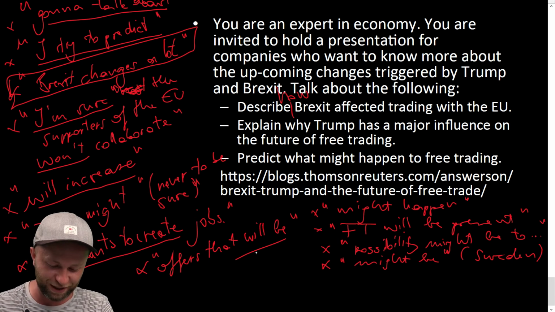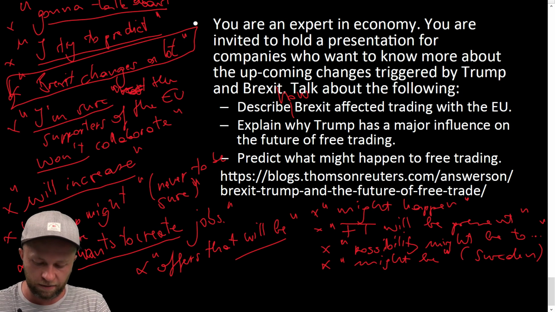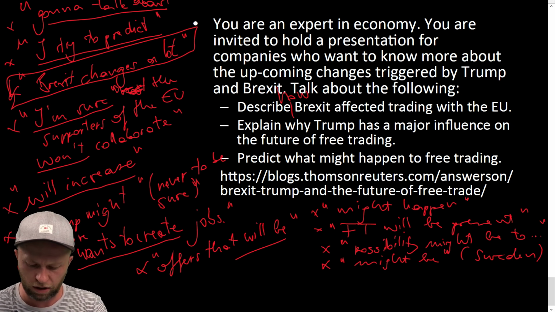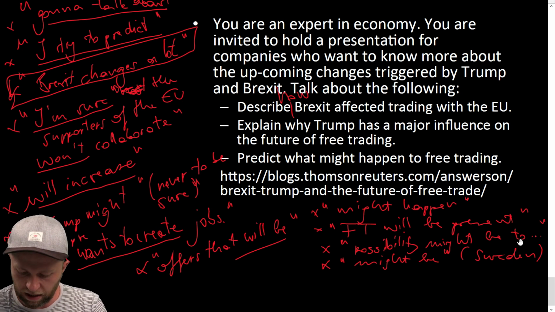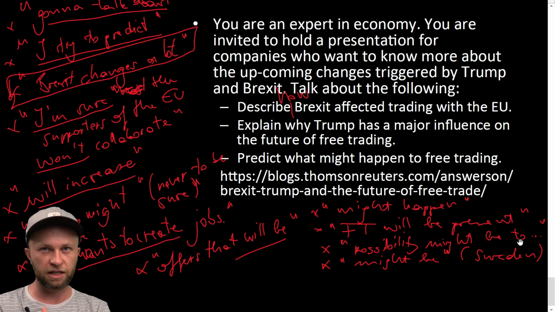For example, offers that will be made, or what might happen. Free trade will be present in the future, or the possibility might be, for example, that Sweden might be a solution, where they handle situations differently.